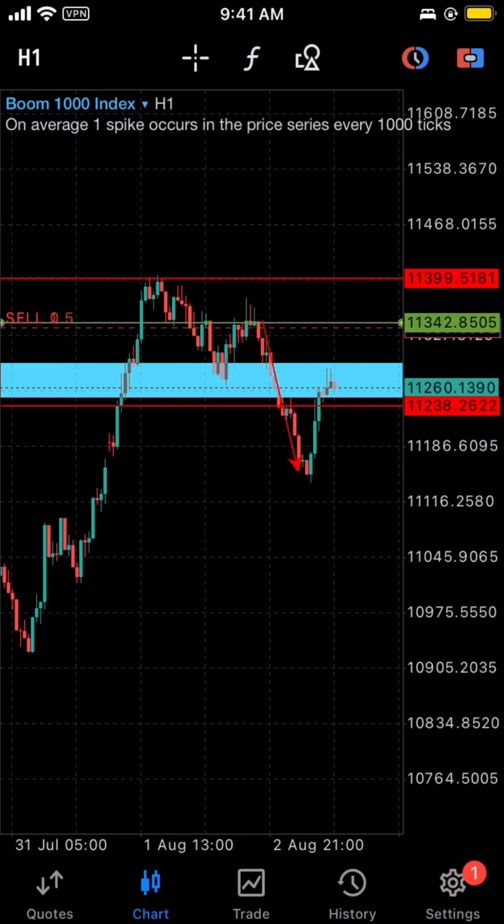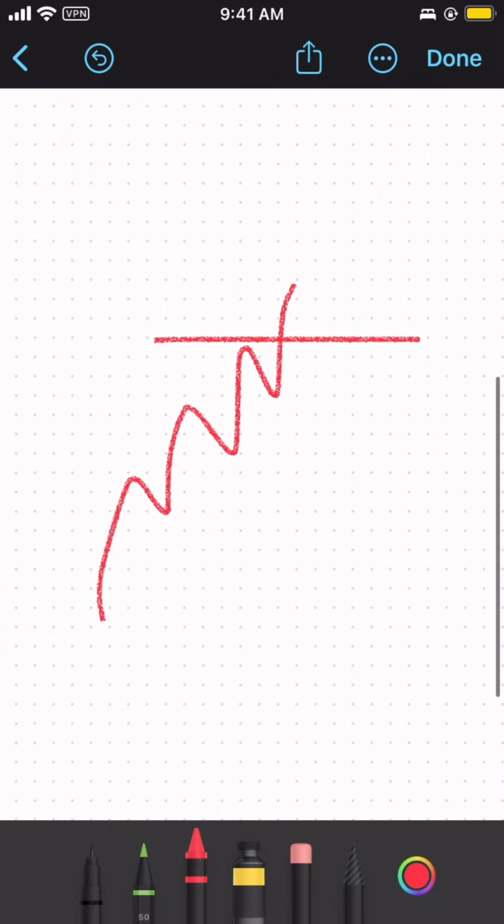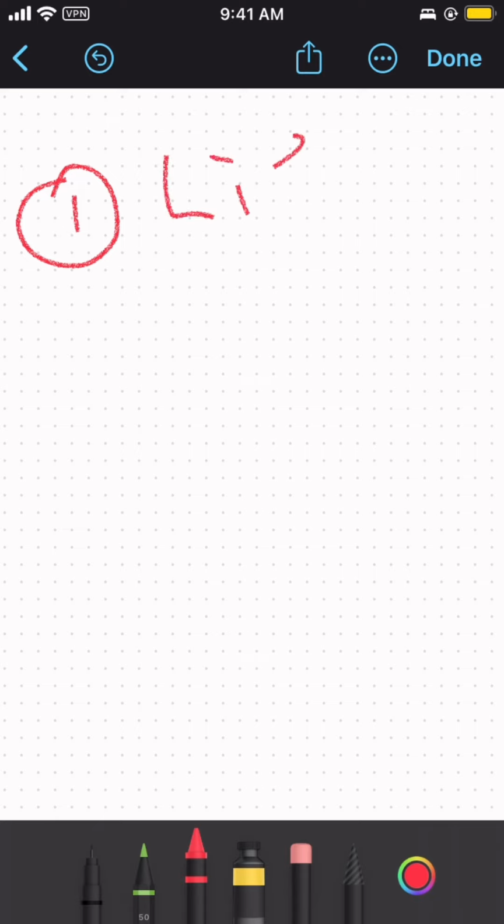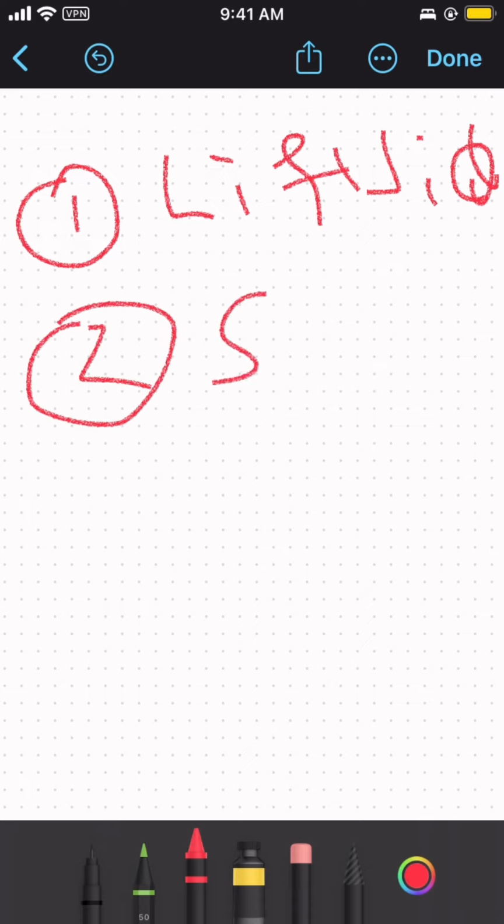So the first point you have to take is you have to wait for the market to go above liquidity. Step 1, liquidity grab. Step 2, you have to wait for the structure to be broken. Structure means you have to draw an important line and wait for the market to break that.